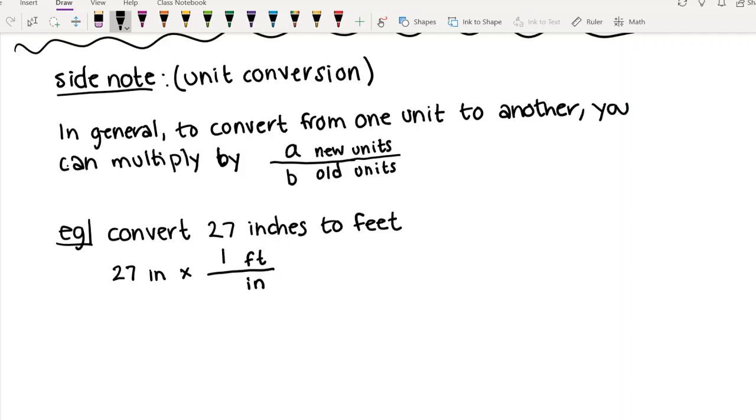We know that 1 foot is the same thing as 12 inches, right? Because of how we put these units, the inches are going to cancel out and we'll be left with 27 over 12 feet. That's why the new units are in the numerator and the old units are in the denominator to cancel out. And so this simplifies to 9/4.